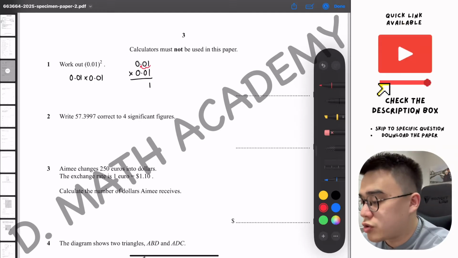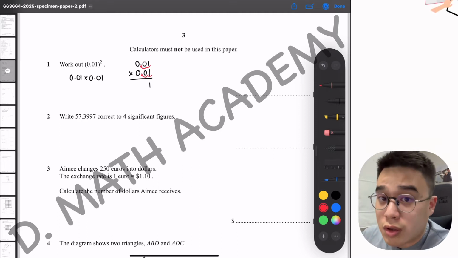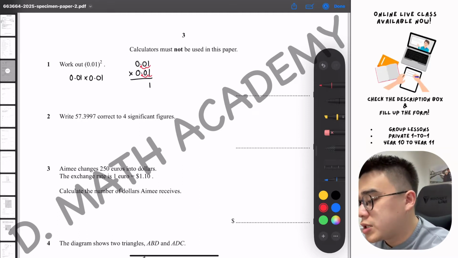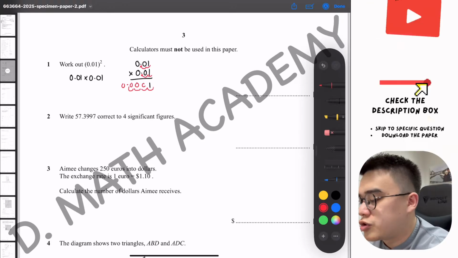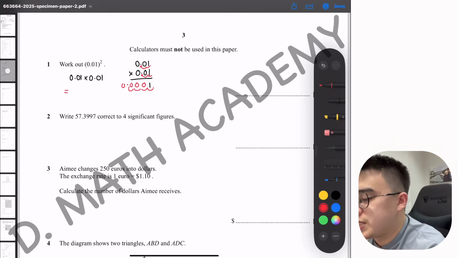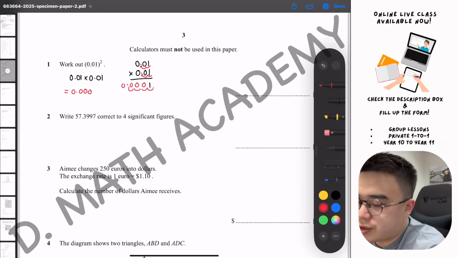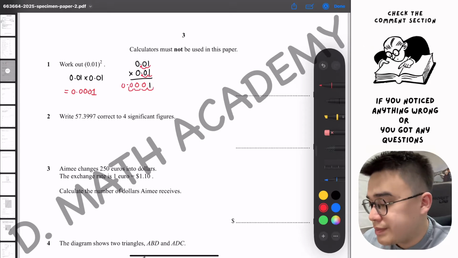The first one, I needed 2, then another 2 more here, making it a total of 4 shifts. So I'm going to shift the 1 by 4 times, 1, 2, 3, 4, leaving the dot here and put the 3 zeros in. So my final answer for this question is 0.0001. That's it for question 1.